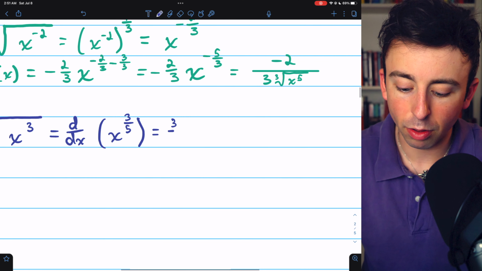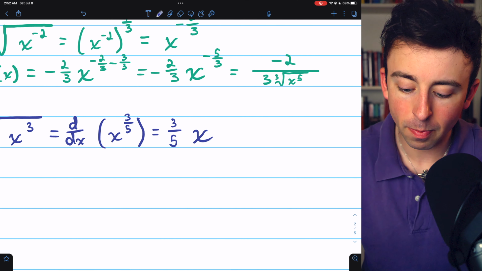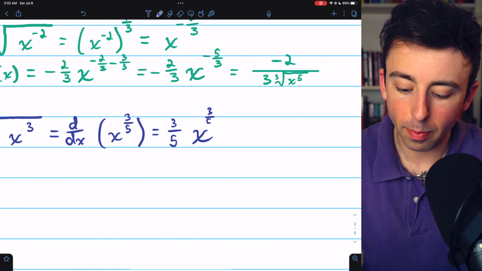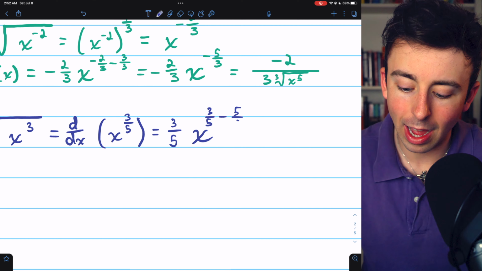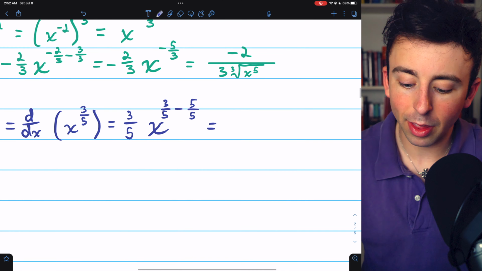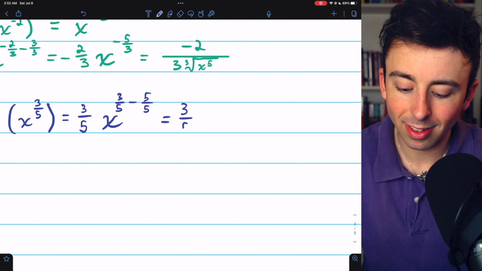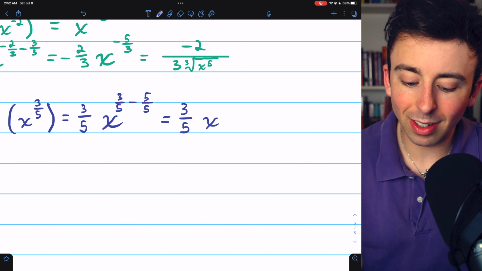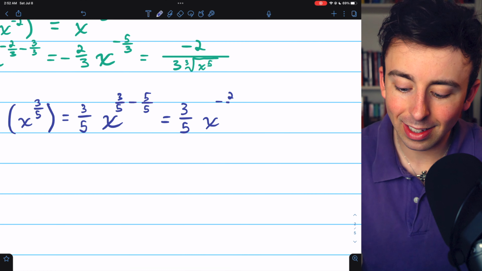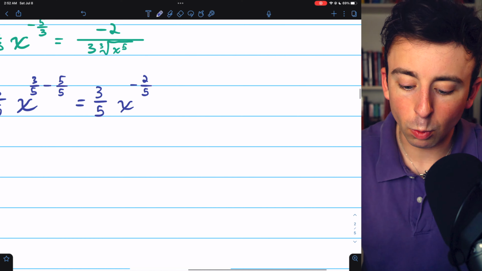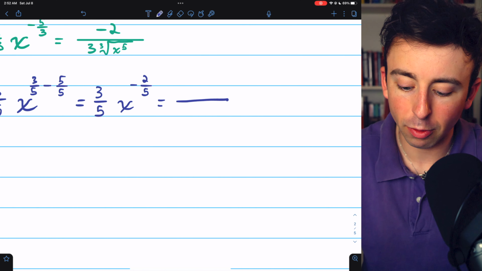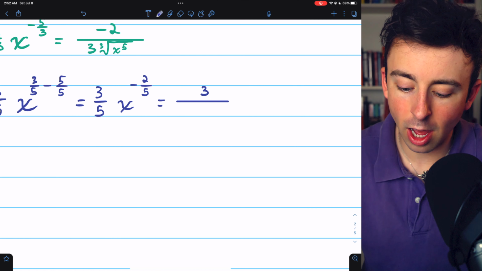Bring the exponent of 3/5 out front as a factor, and then subtract 1 from the exponent, so minus 5 over 5. 3/5 minus 5/5 is negative 2/5. So this is 3/5 x to the negative 2/5. We can rewrite this to get rid of the negative exponent. We have a numerator of 3, and then a denominator of 5x to the positive 2/5.